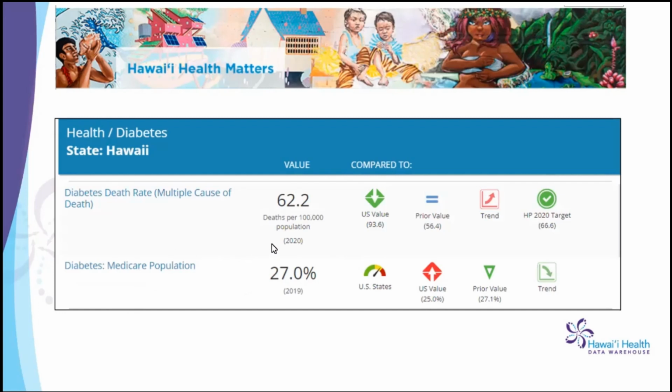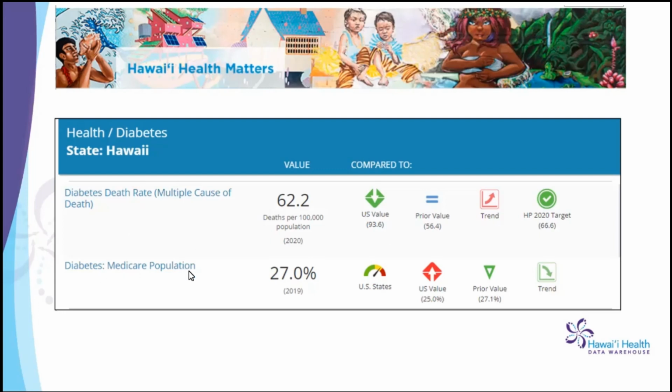In the first indicator, 62.2 deaths per 100,000 were diabetes related in 2020. This is significantly lower than the overall US rate of 93.6. It is statistically the same as the prior value of 56.4. This has been trending upwards over time, but not significantly so. And we did meet the Healthy People 2020 target for this indicator.